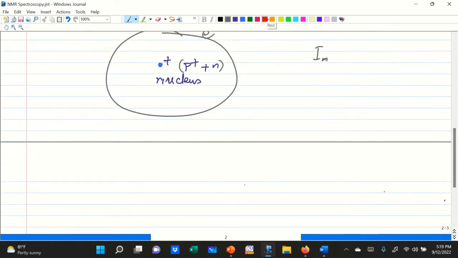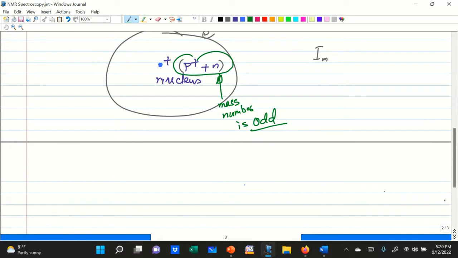Protons and neutrons together are called the mass number. When this mass number is odd, meaning 1, 3, 5, 7, etc., then the spinning nucleus will have a net magnetic moment.